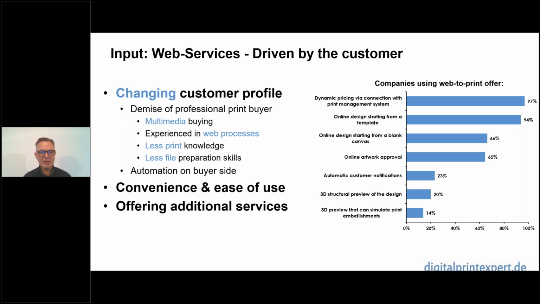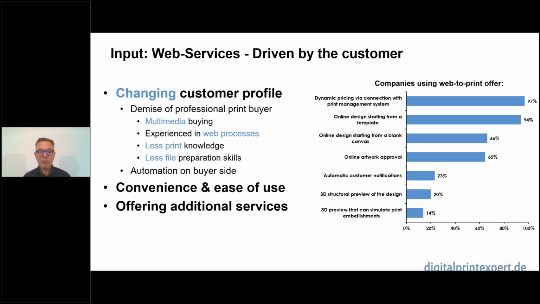And they probably don't have a lot of skills in preparing files and how to tick the right fields for every print job they are sending out. But those are the people today, and they are also driven by automation on the buyer side because all the customer companies are also automating.